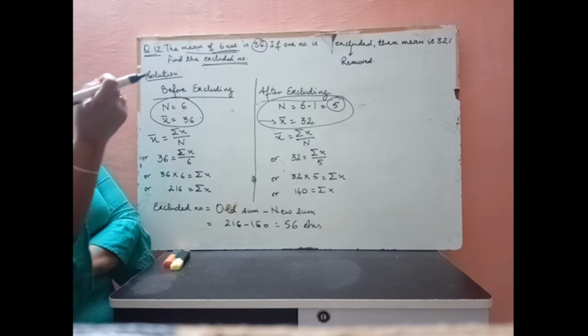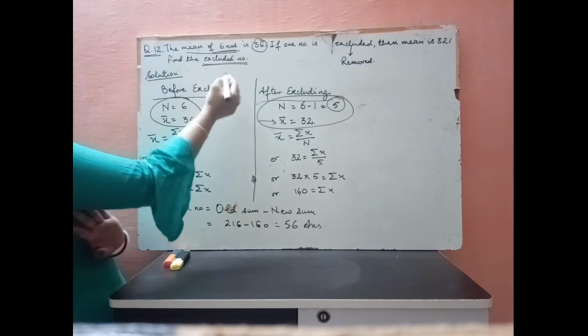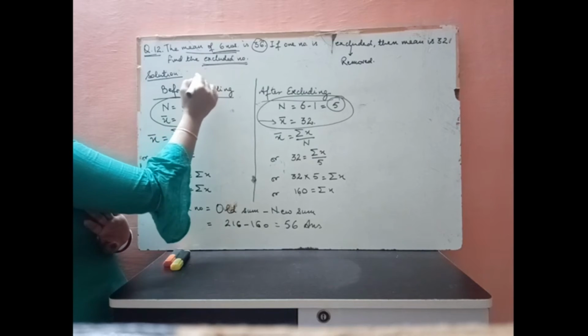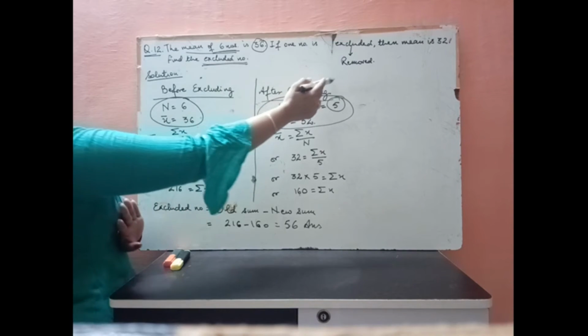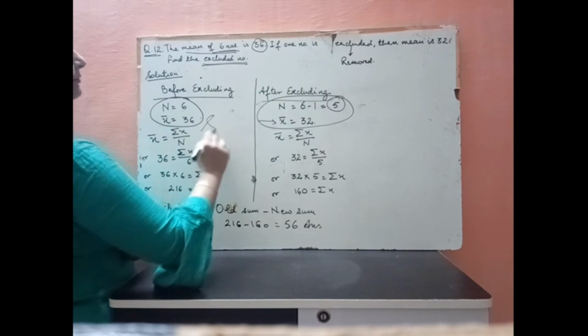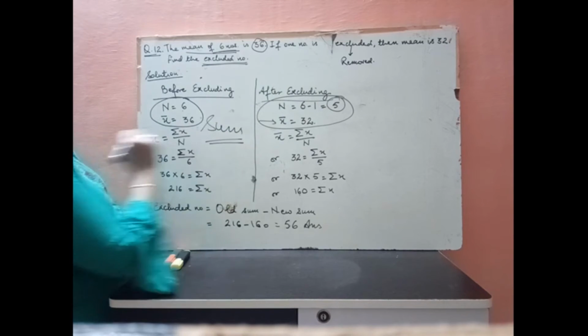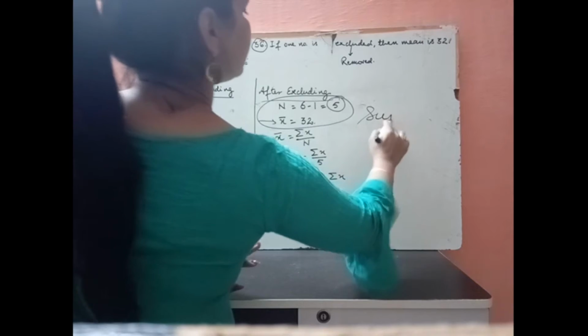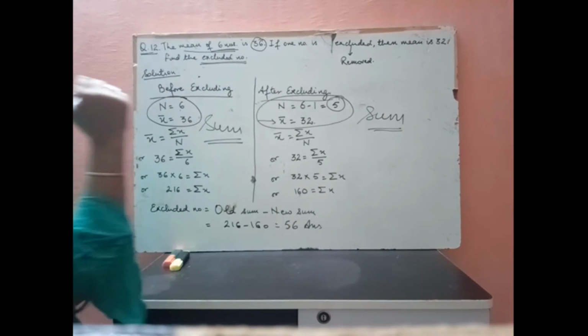Excluded number, we know when we had not removed that number, it was present here and it is not present here. So when we find the sum on this side, the number is present, and when we find the sum on this side, the number is not present.